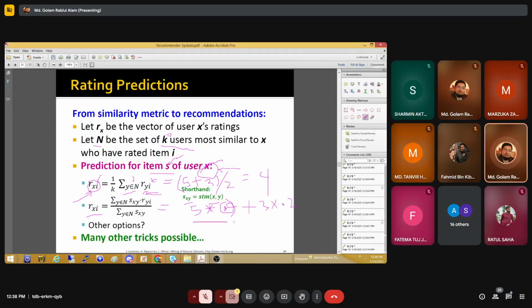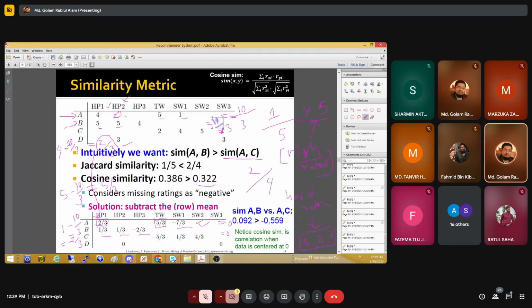Then we divide this by the summation of the similarity between X and Y for all Y, that is 0.9 plus 0.2. Then we will get the rating for that. So this is how we can find out the ratings.